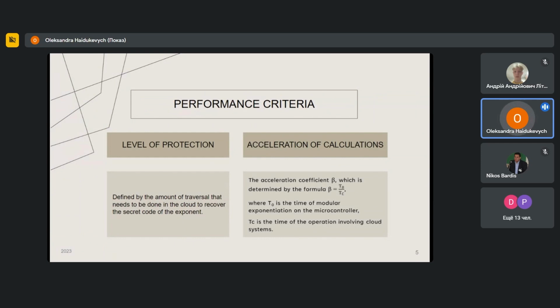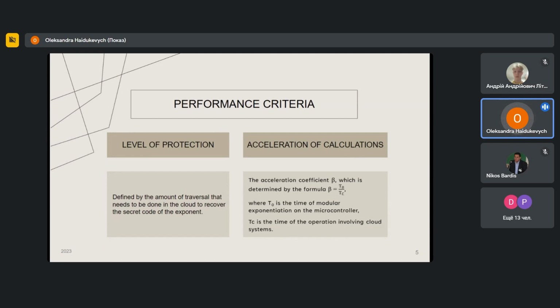Hence, the pressing challenge of distributed computation of the modular exponent lies in designing an organizational structure wherein the remote computer system handles the bulk of computations. Simultaneously, this system should ensure that based on the data it receives, the actual exponent code remains virtually unrecoverable. The effectiveness of such an organization hinges on two primary criteria: security level and computational acceleration.